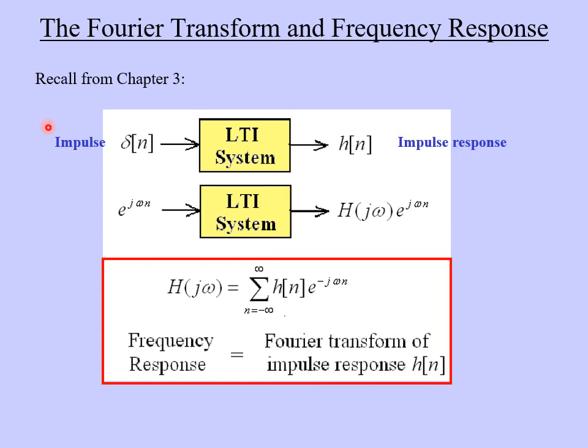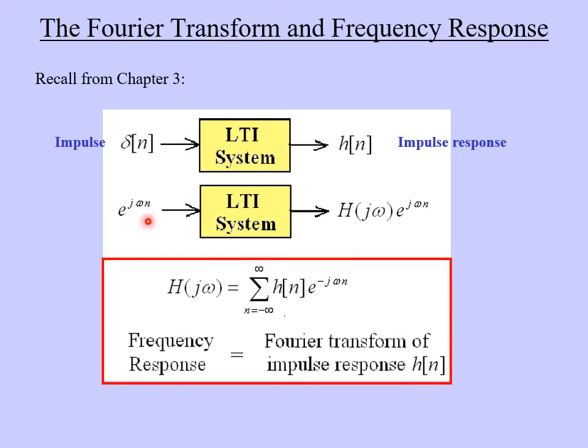So recall from chapter 3 that if we have an impulse delta function going into a discrete time LTI system, then the output of the system we call h of n, which is the impulse response.